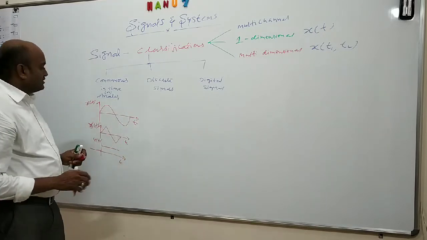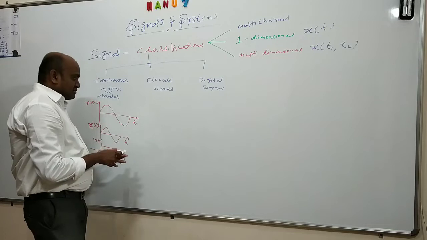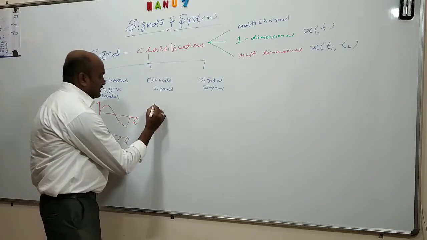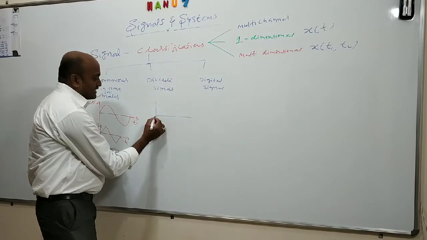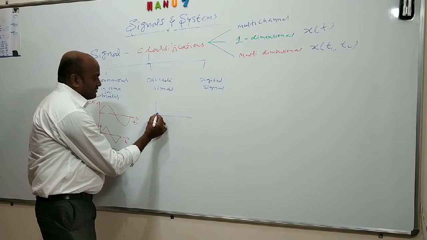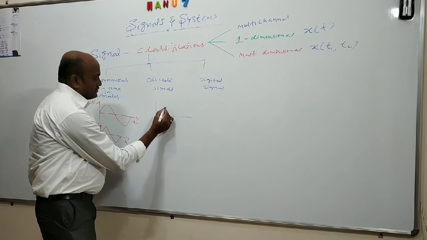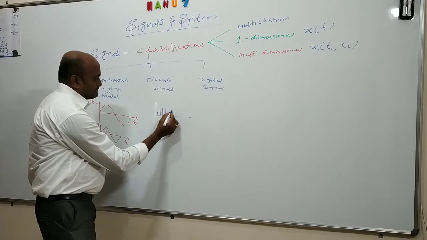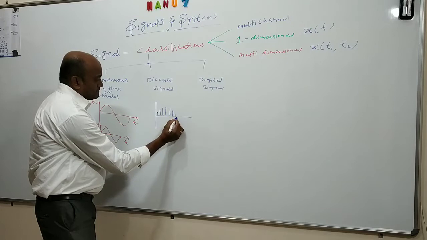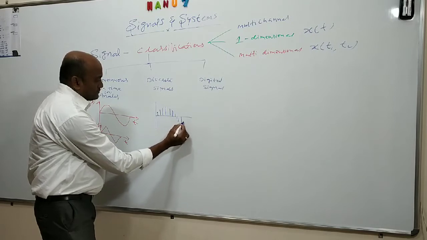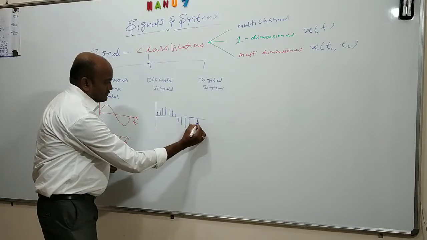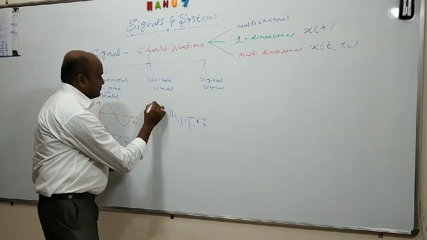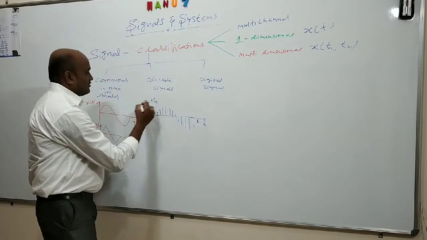Coming to the discrete signals. Which signals are called discrete signals? A signal which is defined at some points of time only. Like at origin we have a sample. Here we have another sample. Here we have another sample. This is x of t.